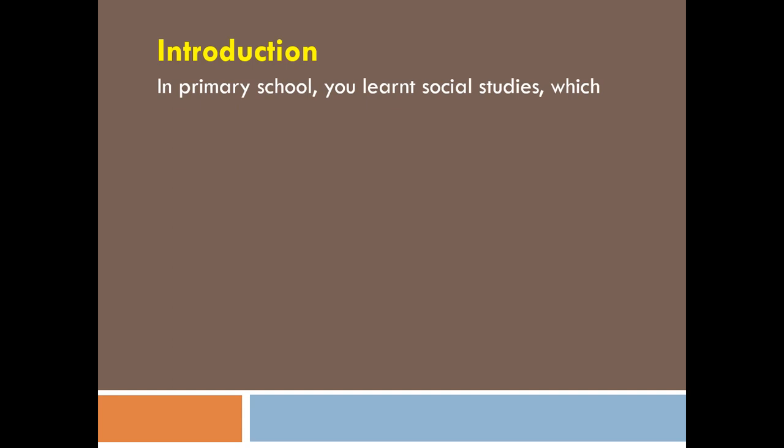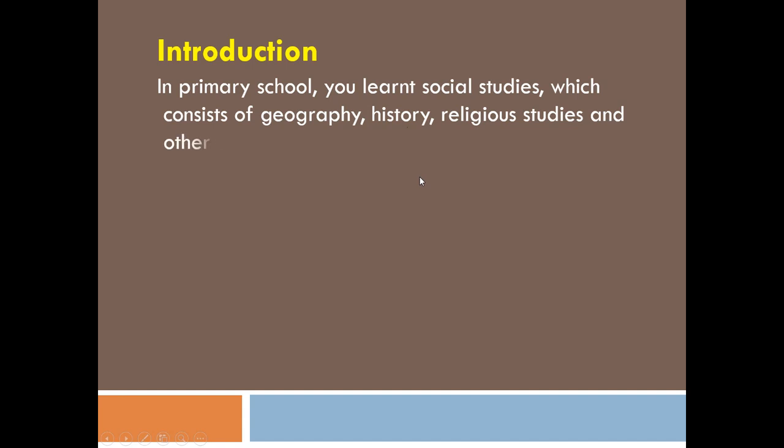When you were in P7 primary, you learned a subject called social studies, which consisted of so many disciplines, so many subjects, and they combined all these subjects and called that subject social studies, so that they picked certain things from subjects like geography, subjects like history, and other subjects to come up with that subject you call social studies.